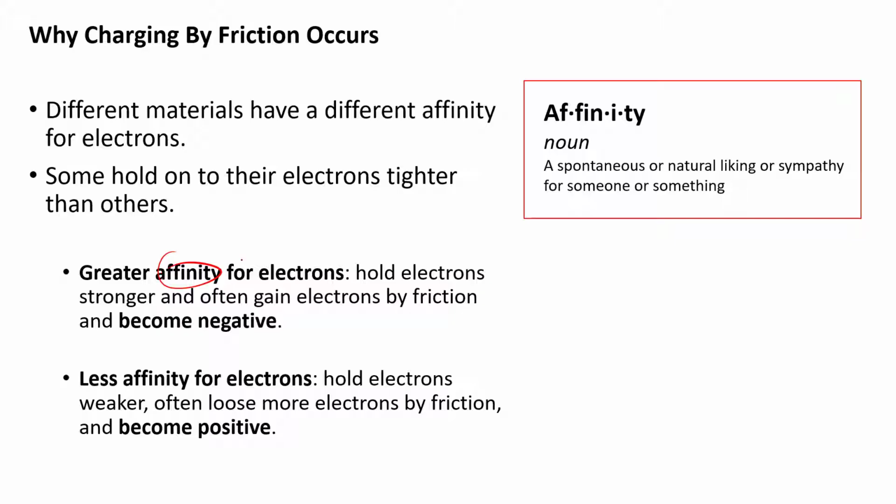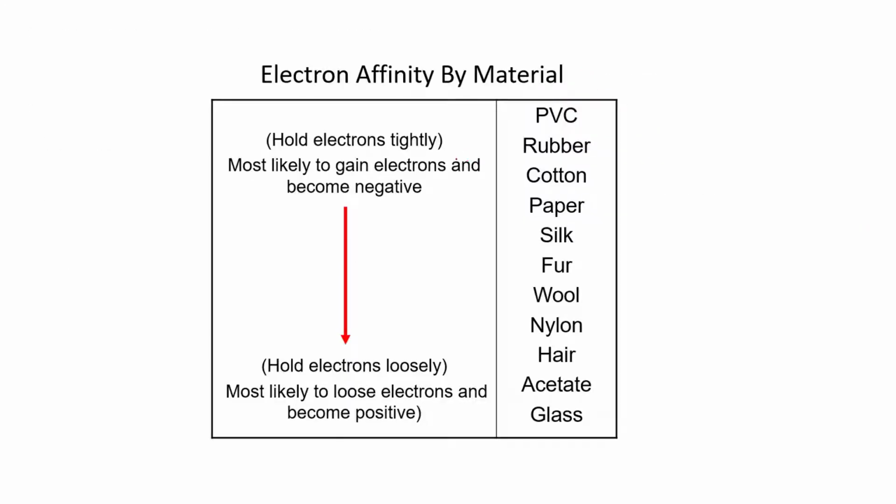Anything that has a greater affinity for electrons is going to try to hold on to them because it likes them more, and it will become negative whenever possible. And anything that has less affinity, or doesn't hold on to those electrons as much, is going to have a tendency to lose electrons and become positive instead. Once again, electrons move toward something to make it negative because it sucks them in, or electrons are given off making something positive. It's all due to its affinity or its attraction to those electrons.